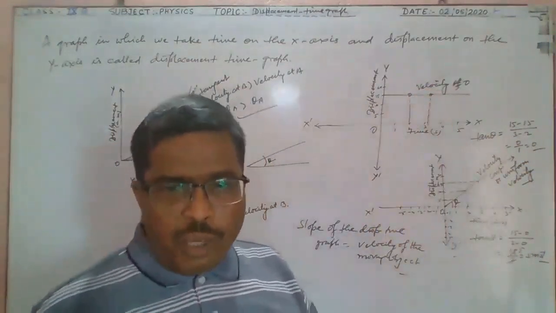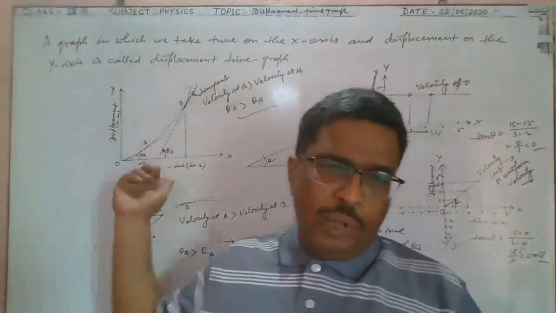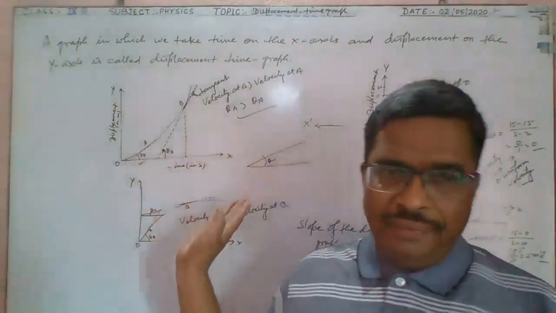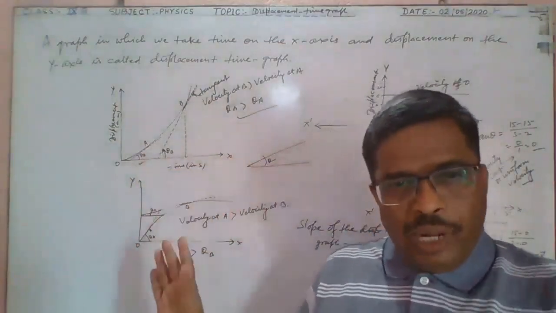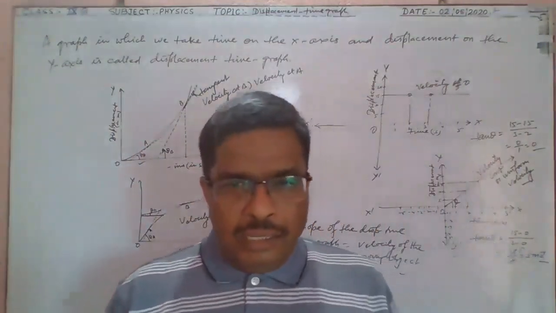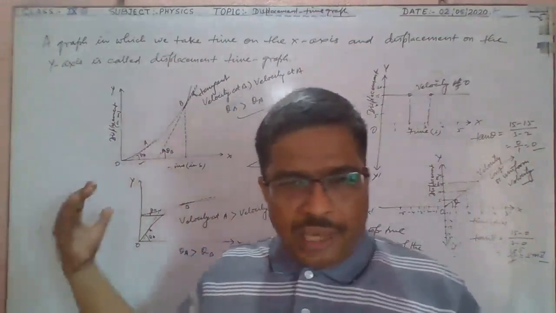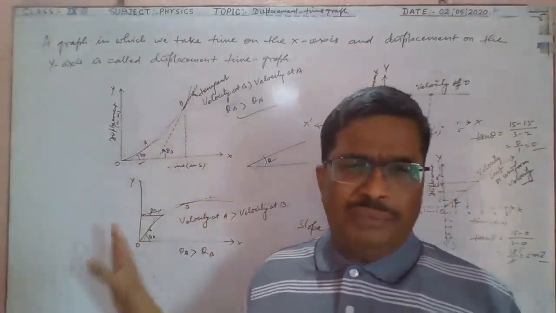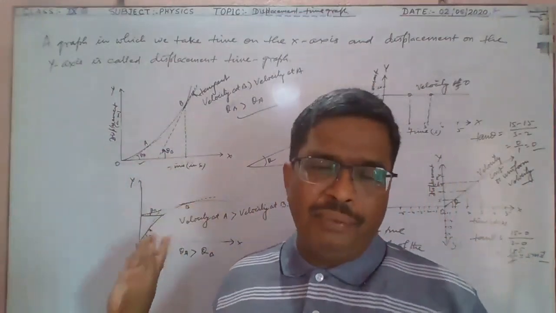So I think all of you are now aware of the displacement-time graph, and if you understand that, very simply you can calculate distance covered, displacement, or solve so many problems based on the velocity-time graph in your textbook.